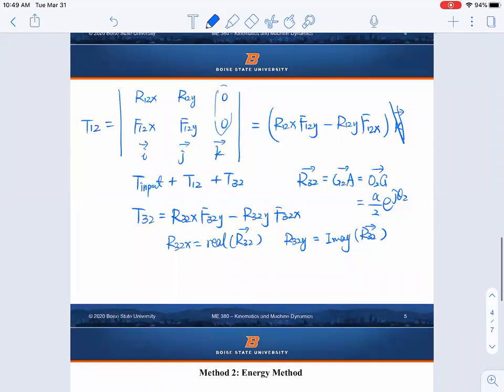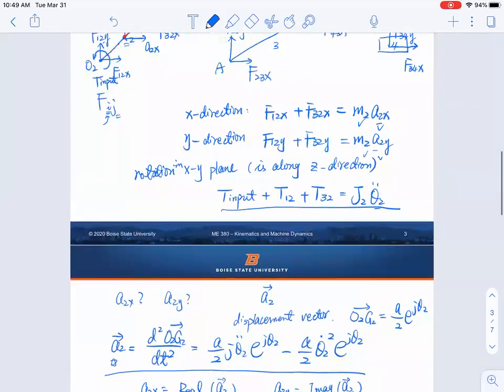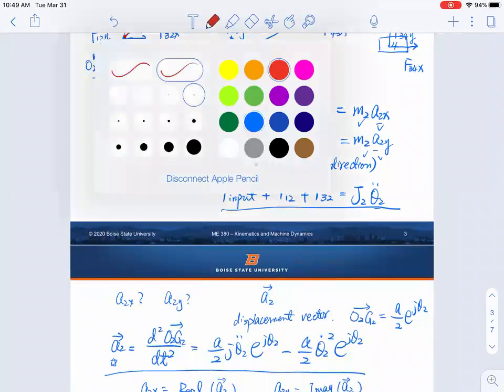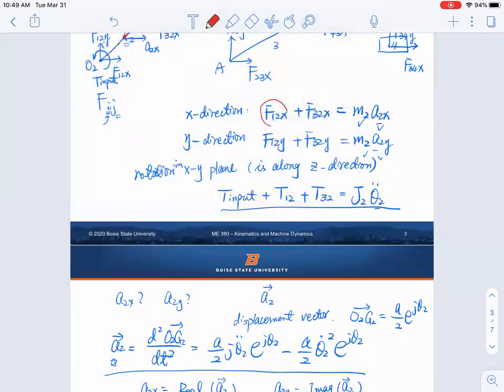All right, so up to this point, you have everything. You already describe your torque as a force. So that means let's circle out all the unknowns. We have these forces unknown, this is unknown, this is unknown. And you have the T12 and T32, they're also unknown, but you can write them as functions of force.